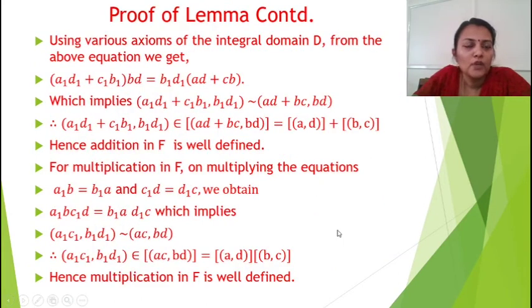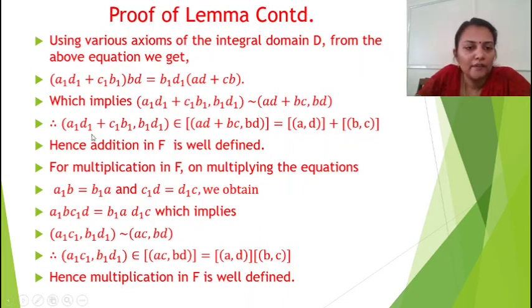Using various axioms of the integral domain D, from the above equation we can take out the common term bd from the left side. So this is (a1d1 + c1b1) bd, which is equal to b1d1 (ad + bc). This can now be written in the equivalent form: (a1d1 + c1b1, b1d1) is equivalent to (ad + bc, bd).